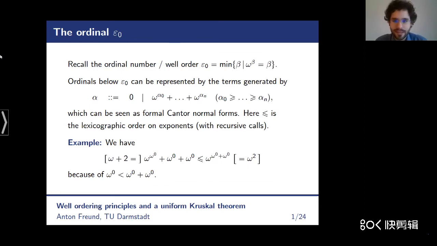I don't want to go too much into the technical details, but in order to see something concrete, I still want to recall maybe the most famous ordinal that's being used in ordinal analysis, and that's this ordinal epsilon 0. And I want to present two perspectives on this. So one perspective is from set theory. In set theory, you have something called ordinal arithmetic.